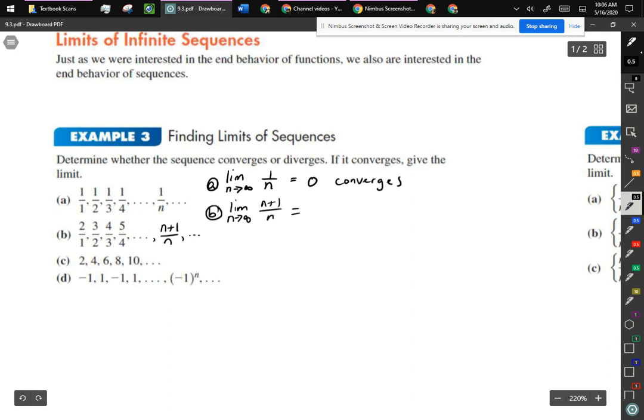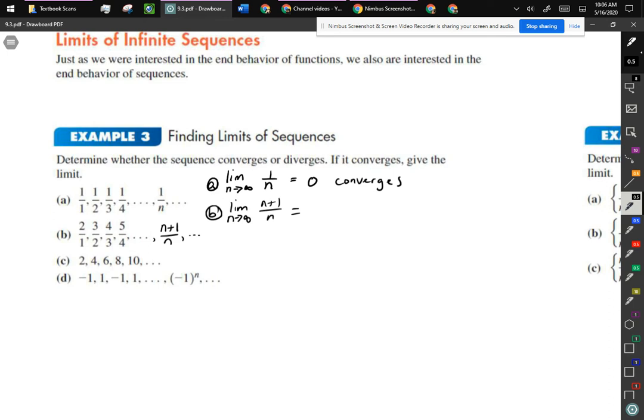There's a couple of ways you can do this. Remember, we did this in the earlier chapters with rational functions. This is not top heavy, it's not bottom heavy. If you have a billion plus 1 over a billion, that plus 1 doesn't really make a difference.